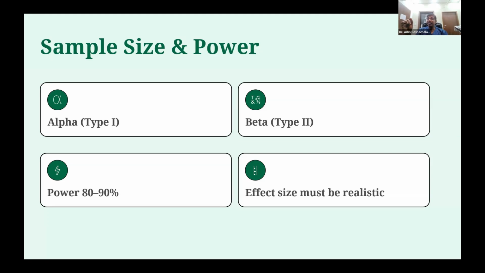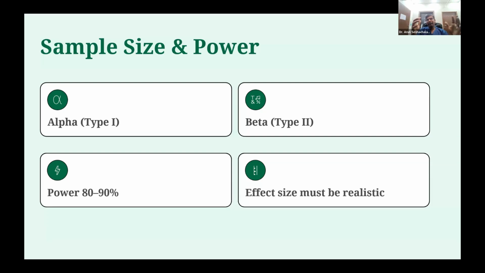Some of the studies accept even 0.1, so you need to go and check that. Even if it's 0.1, they call it significant, which means they are accepting a 10% chance of a false positive. So 90% will be true positive, but there will be a 10% chance that it can be a false positive.